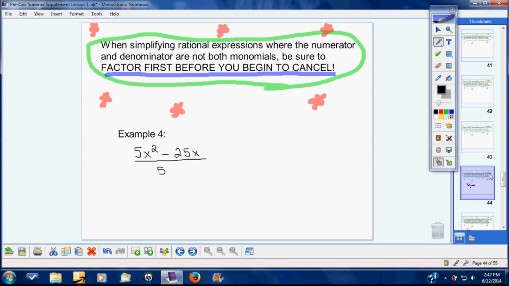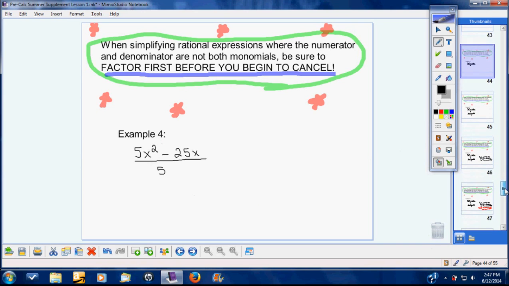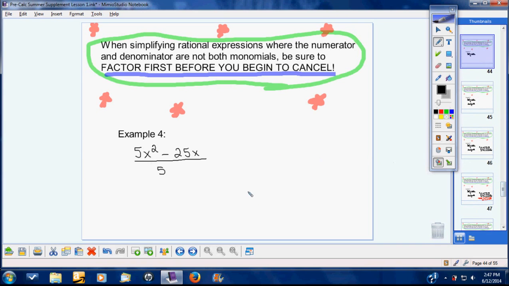Here's an example, and I know you've seen it before, and I have seen people make mistakes over and over on this problem, which is why I'm taking so much time on this beginning stuff before you even get to anything new. You can't just cancel these 5s. You have to factor this numerator first.